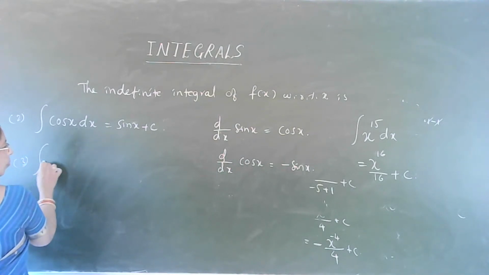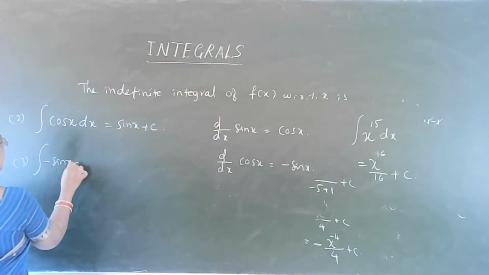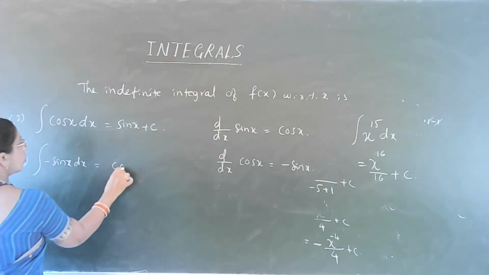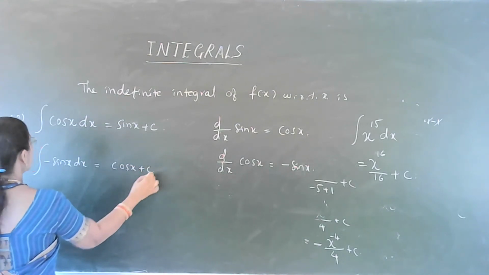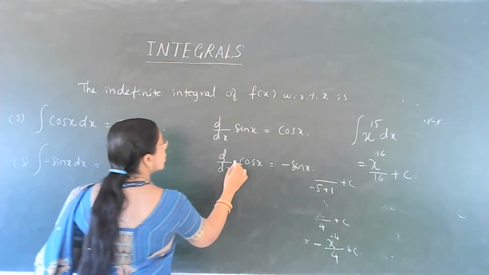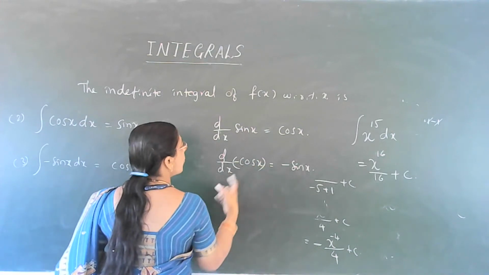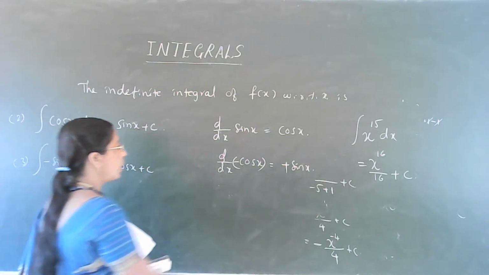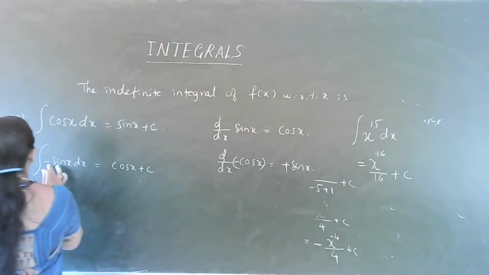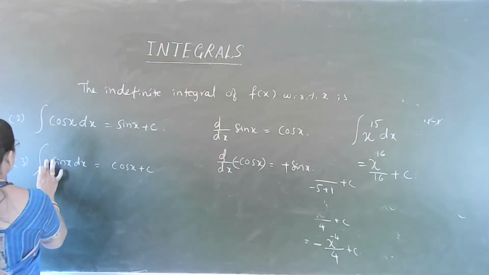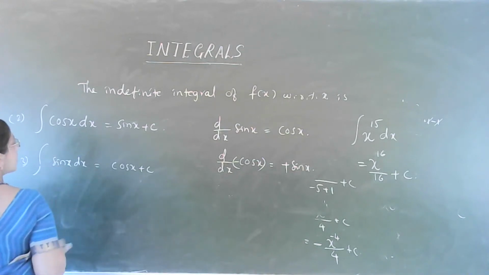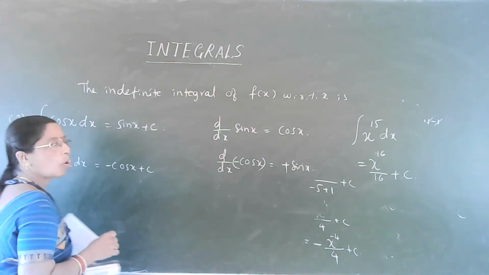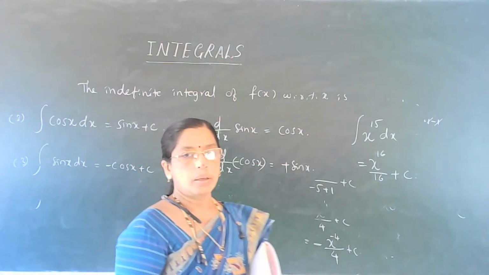Therefore, integration of minus sin x dx is equal to cos x plus c, or, since the derivative of minus cos x is plus sin x, integration of sin x is minus cos x plus c.